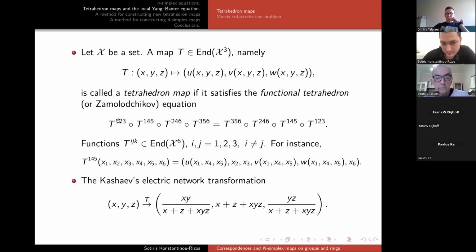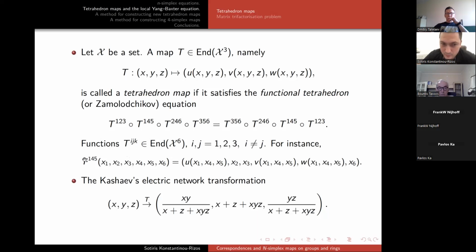So the upper indices denote the following. All these functions with upper indices i, j, k act on a set of 6 elements, and the indices i, j, k mean that these functions act on the i-th, j-th, and k-th elements of this set of 6 elements exactly as the map indicates, and they act on the rest in a trivial way.